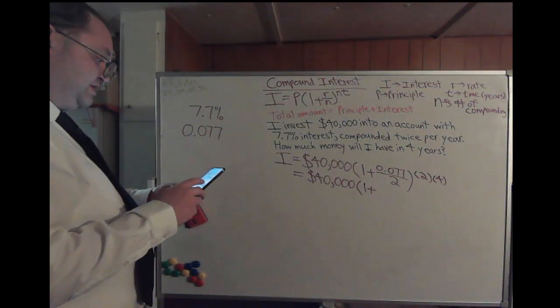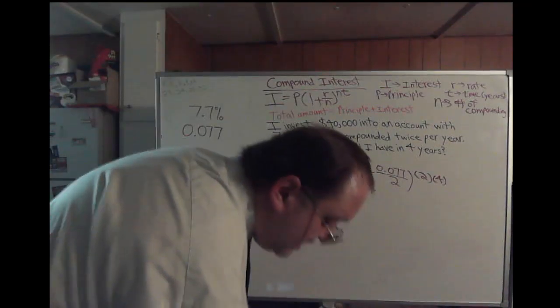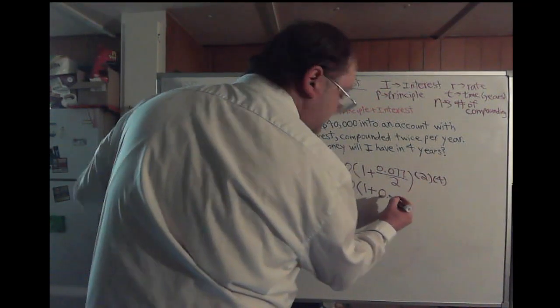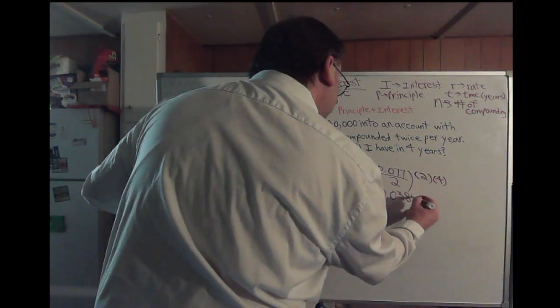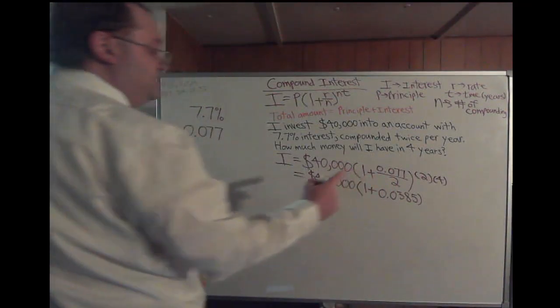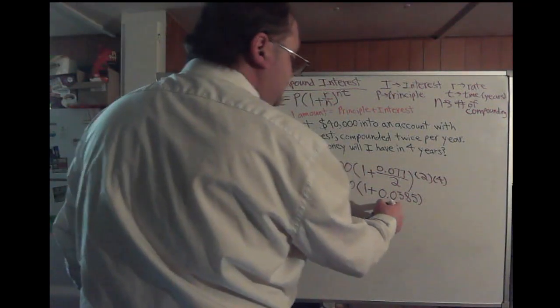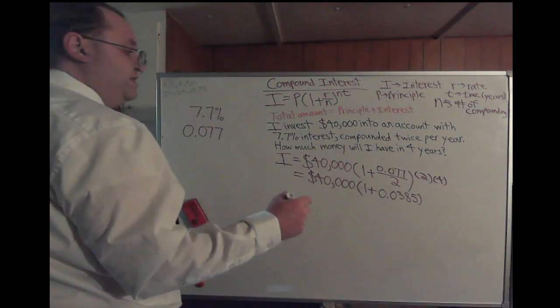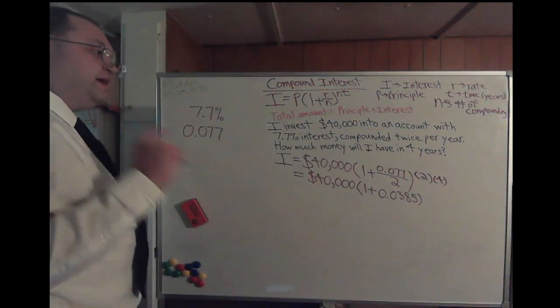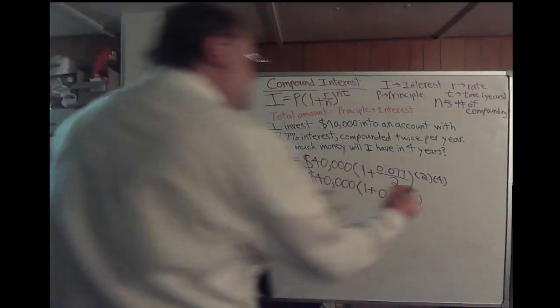I didn't think it was that bad. 0.0385 as a decimal. That's what 0.077 divided by 2 is. Then we need to figure out the 2 times 4th power. Well, 2 times 4, that's 8. This is going to be to the 8th power.